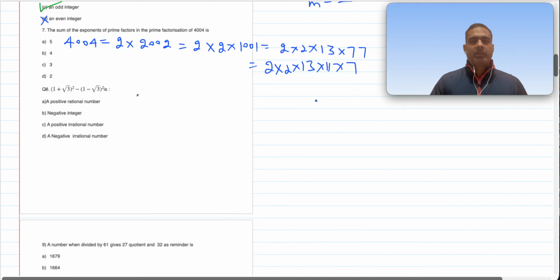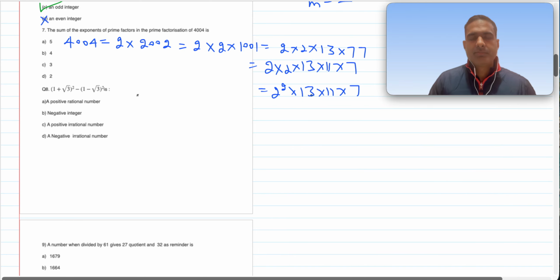So we have to find the sum of all the exponents of the prime factors. So it will be 2 square into 13 into 11 into 7. So 13, 11, 7 have power 1, so their sum is 3 and 2 has power 2. So 3 plus 2 is 5. So the sum of all the exponents of the prime factors in the prime factorization of 4004 is 5.